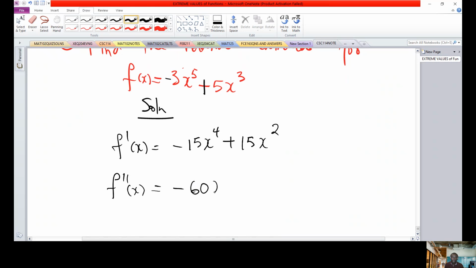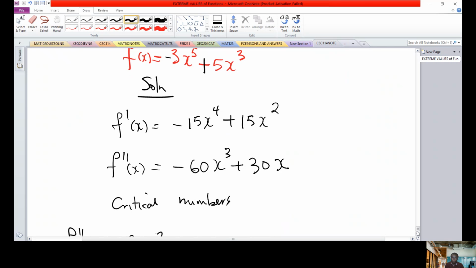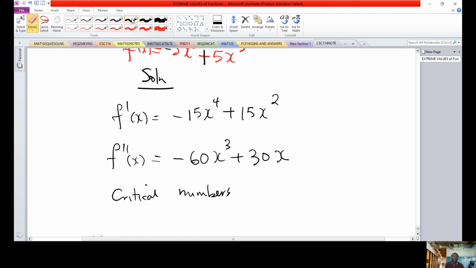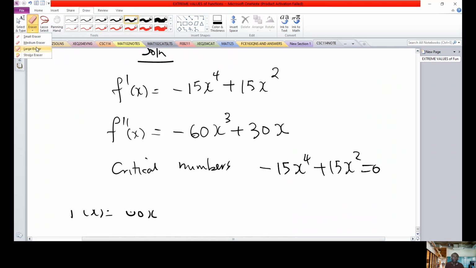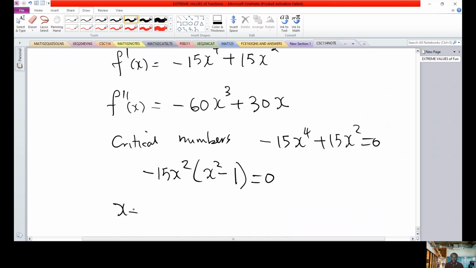This will be given by minus 60x power 3 plus 30x. So critical numbers will be setting minus 15x power 4 plus 15x squared to 0, which is the same thing as minus 15x squared into x squared minus 1 equals 0, so that x equals 0 and x equals plus or minus 1.